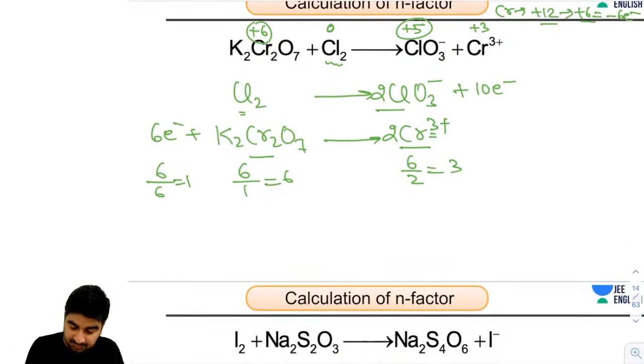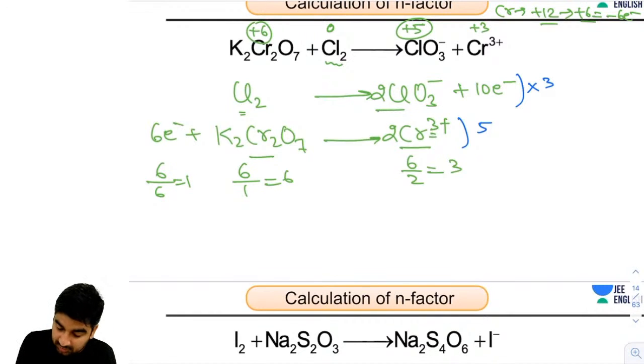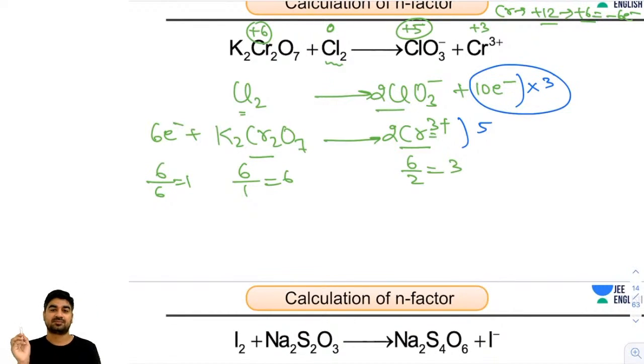If this is done, now guys, what will you do? Multiply it by 3 and this by 5. Now 30 electrons would be cancelled. How many electrons would be cancelled? 30.